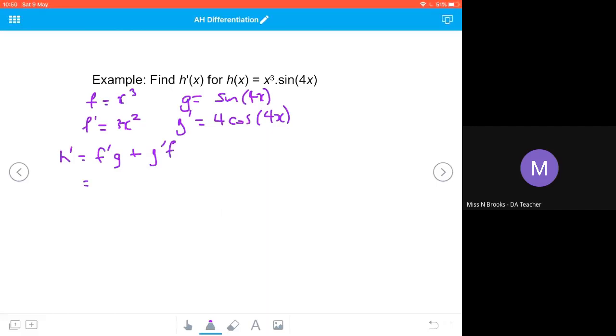F prime was 3x squared, and I'm going to multiply that by g, which is sine 4x. And I'm going to add on g prime, which is 4 cos 4x, multiplied by f, which was x cubed. I'm going to take out my highest common factor. This time it's x squared.